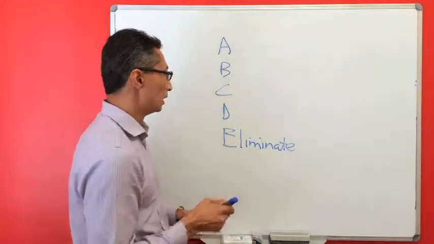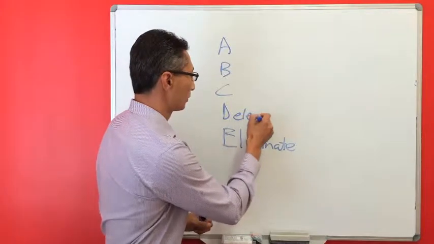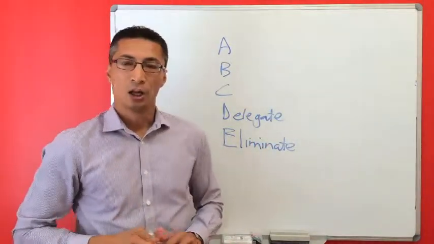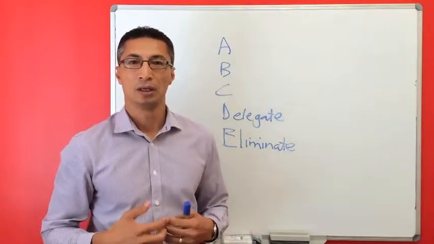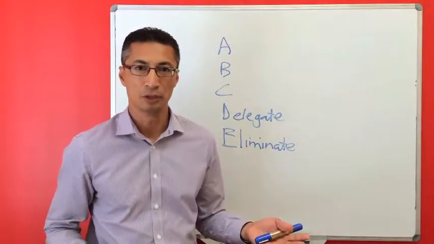All right. The second area is the D. D stands for delegate. Now, a lot of people, a lot of business owners especially, tend to think, well, by the time I show someone else, it'll be quicker to do it myself.